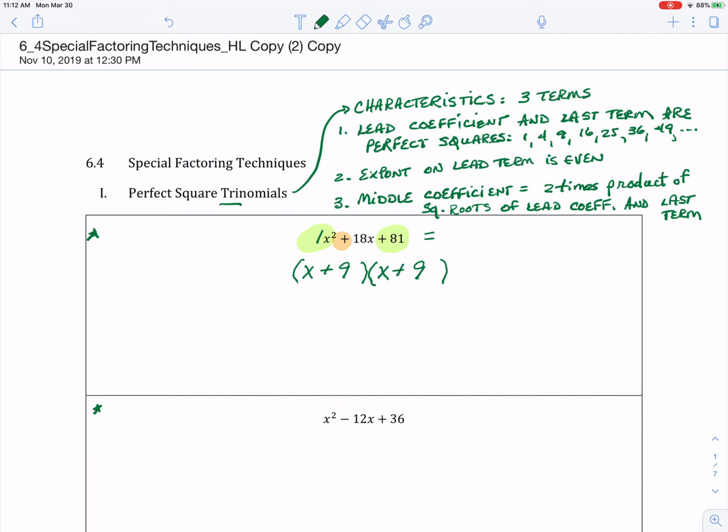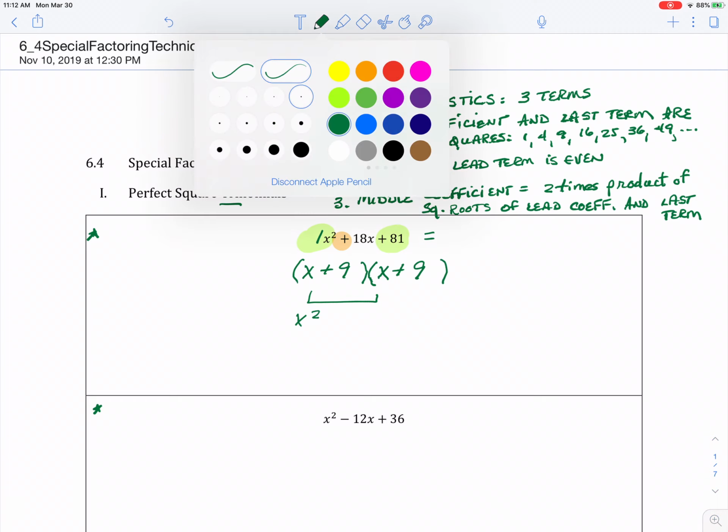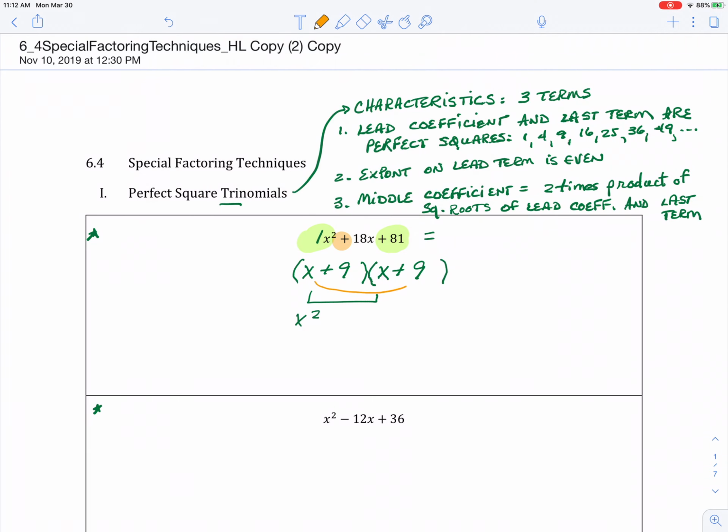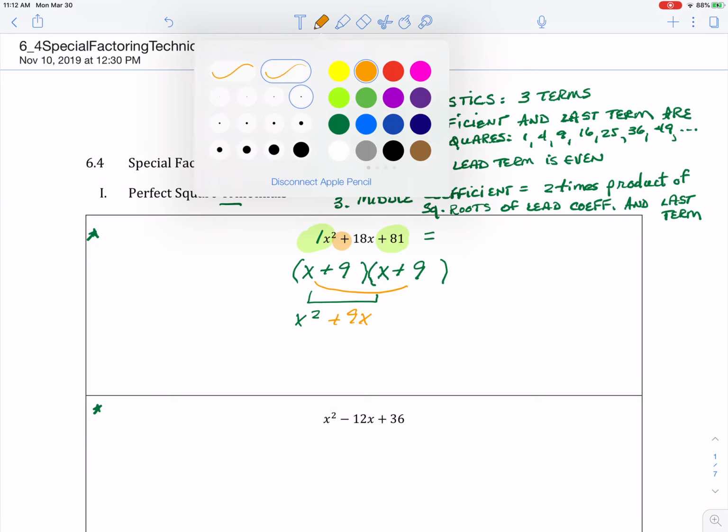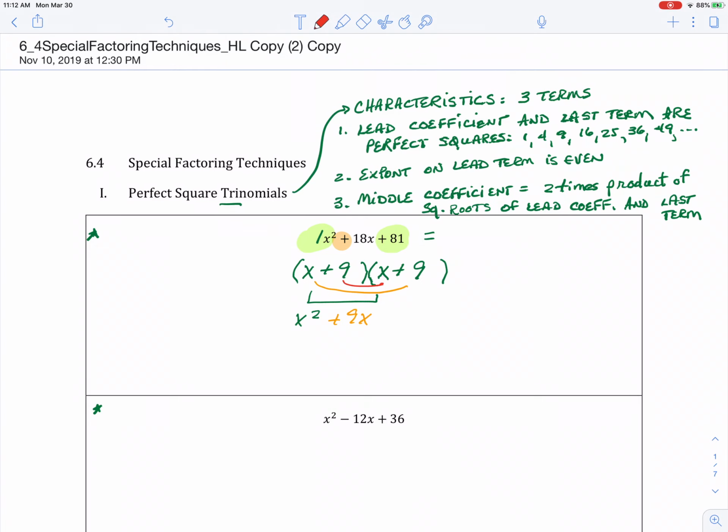Now, if you wanted to do a quick check on that answer, you could do FOIL. So first times first is x squared. Outer product is positive 9x. Inner product is also positive 9x.